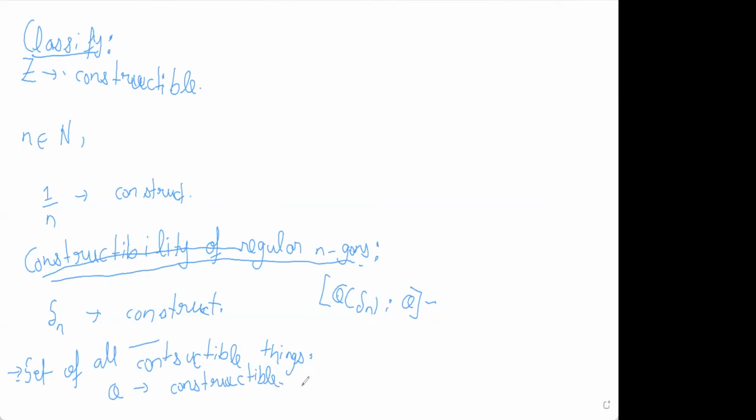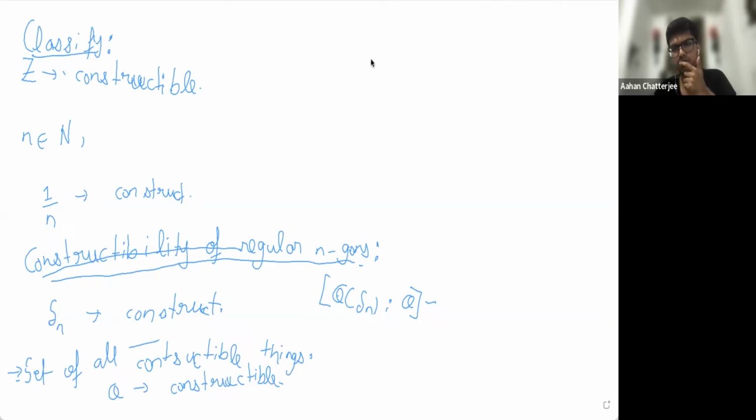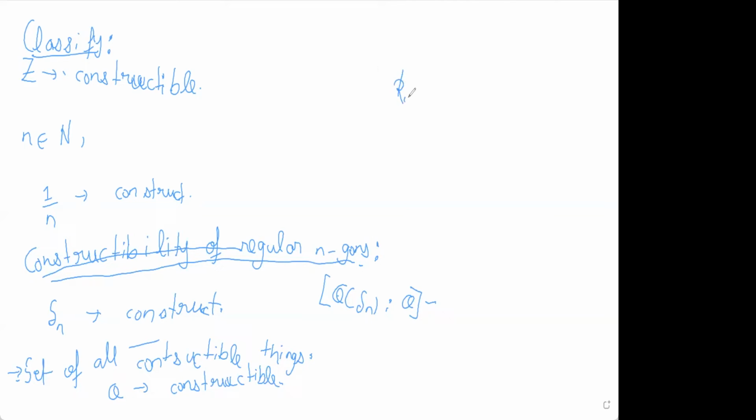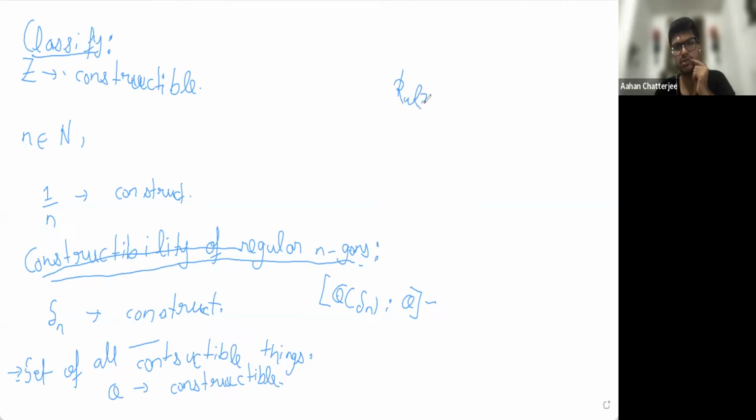What tools were we allowed? Could you repeat once? Yes. We have a ruler, compass, and an angle bisector. The ruler only has a unit measure, so you can just mark a unit measure on the ruler. And the angle bisector can be used to bisect the angle between two given lines.